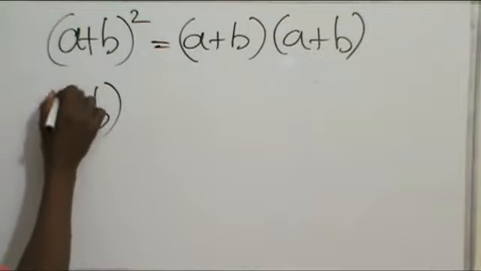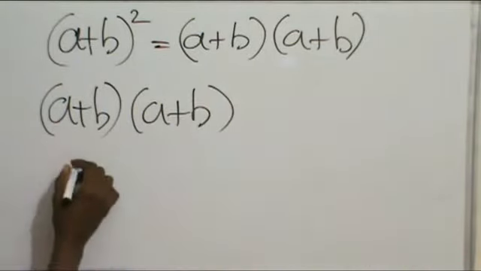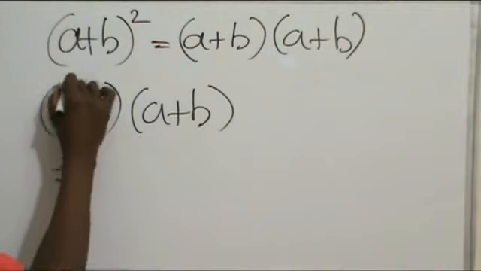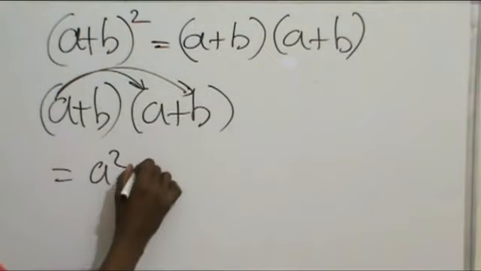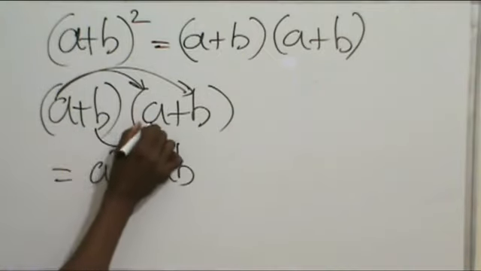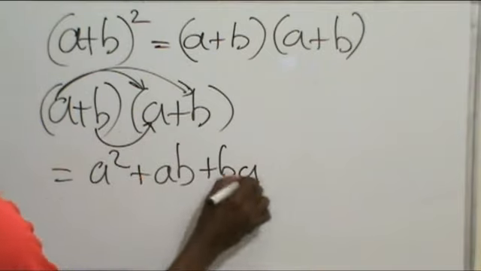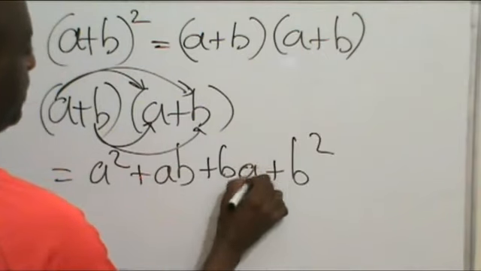A plus b into a plus b is equal to a by a is a squared, a by b is ab, plus b by a is plus ba, plus b by b is b squared.